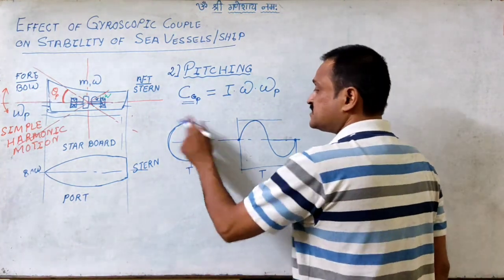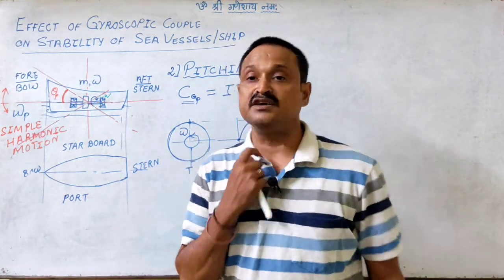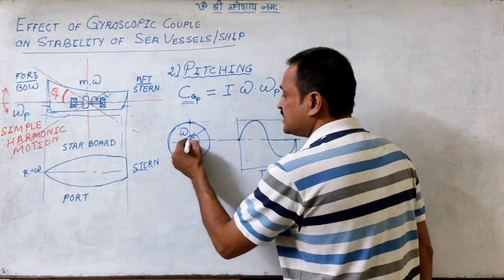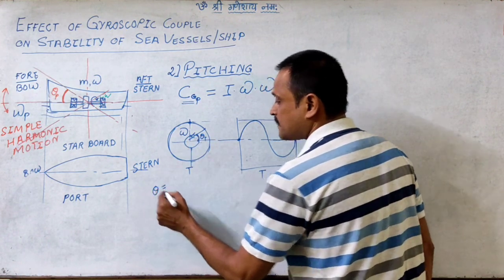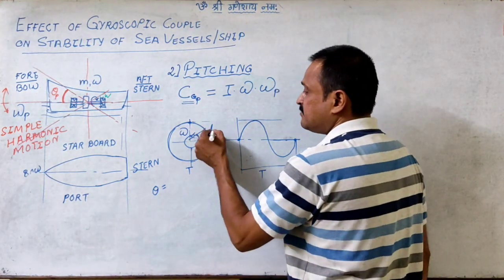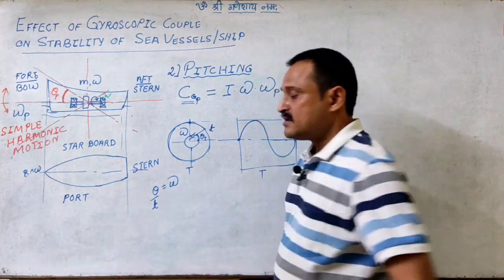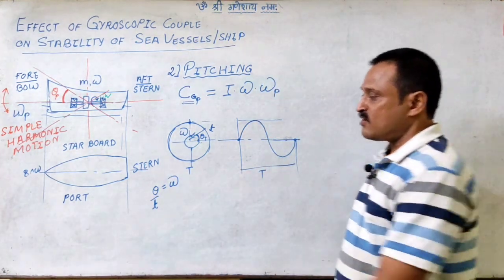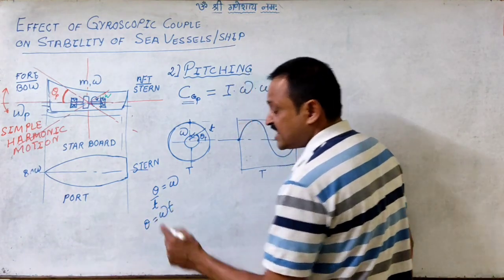And this is turning at an angular velocity of omega. So at any condition, if I say this is theta_p, what will be theta? At time t, if this is the displacement, then theta by t must be omega, or theta is equal to omega t.